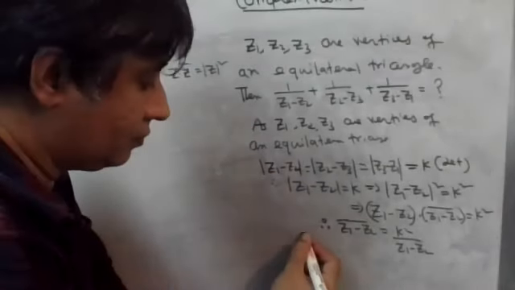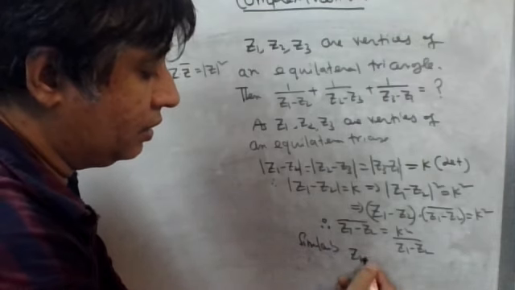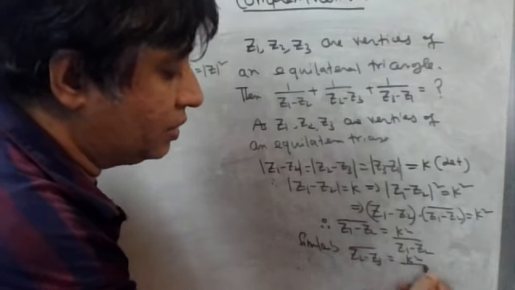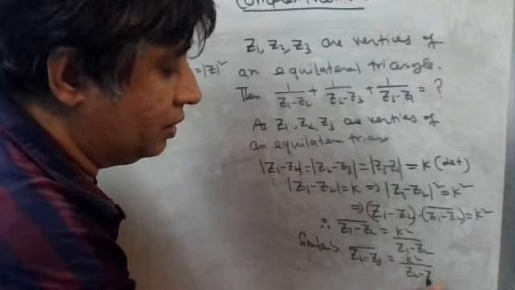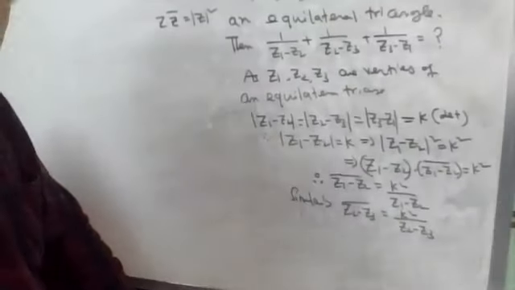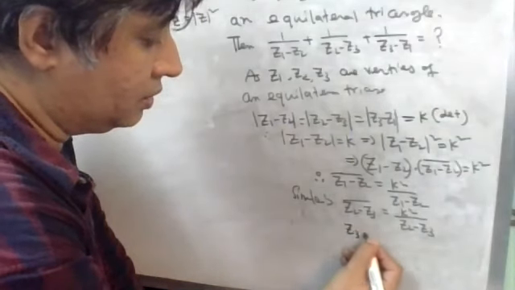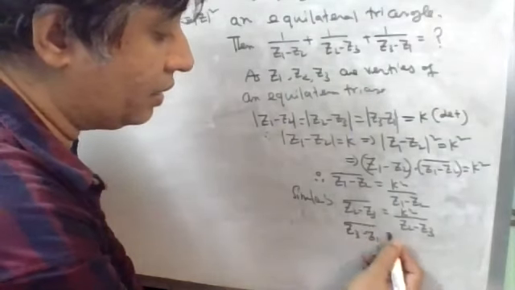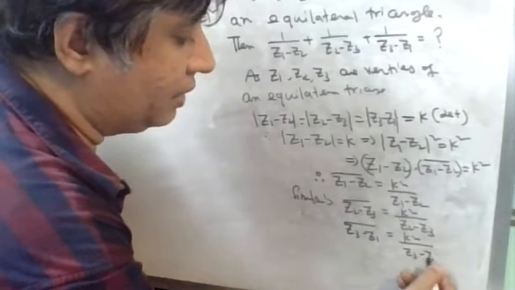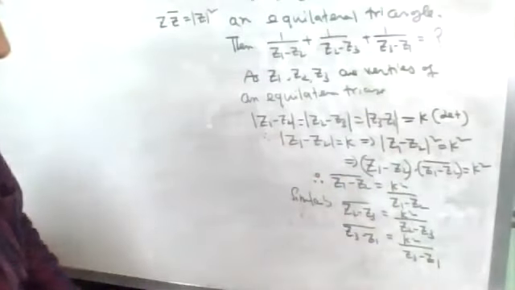Similarly, Z2 minus Z3 bar is K square by Z2 minus Z3, and Z3 minus Z1 bar is K square by Z3 minus Z1. So these results you are getting.